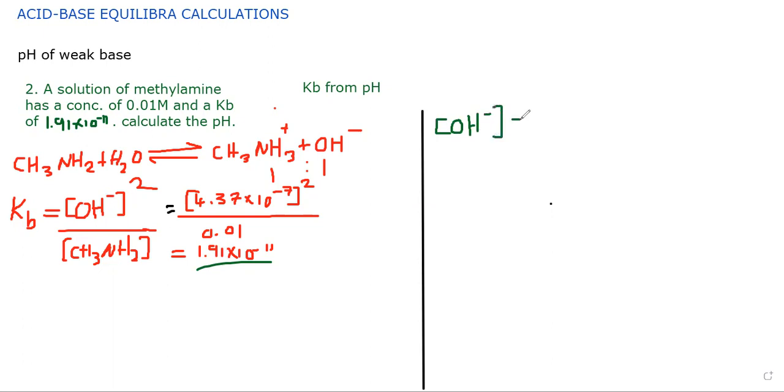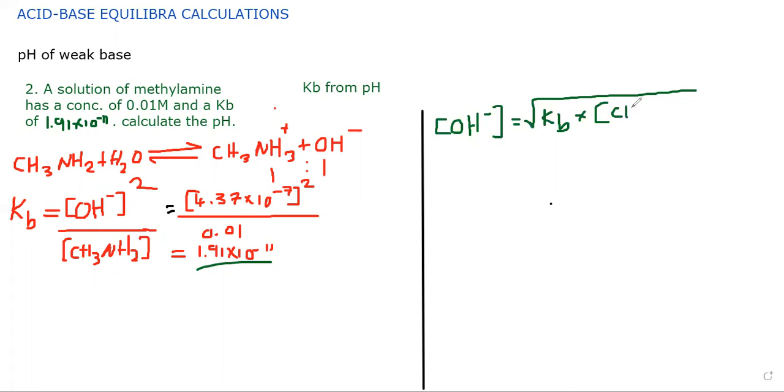So we would know that if we transpose this, the hydroxide ion concentration should be equal to the square root. It's just like with Ka. So the hydroxide ion concentration is the square root of Kb times the concentration of the base.